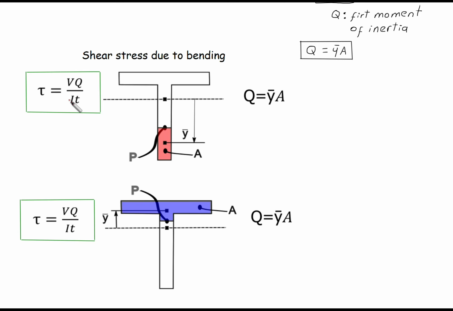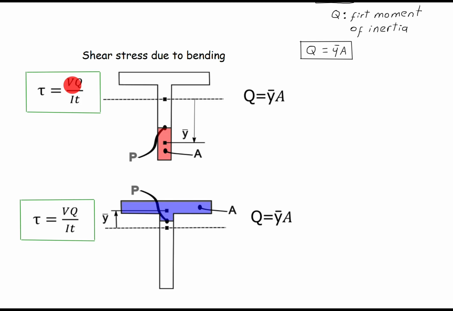The shear stress on a beam can be calculated using this expression: shear force V times Q divided by I times T, where I is the moment of inertia of the whole area with respect to the neutral axis that passes through the centroid of the cross section. T is the thickness. For example, if we are studying the stress at point P, it is the thickness right there.